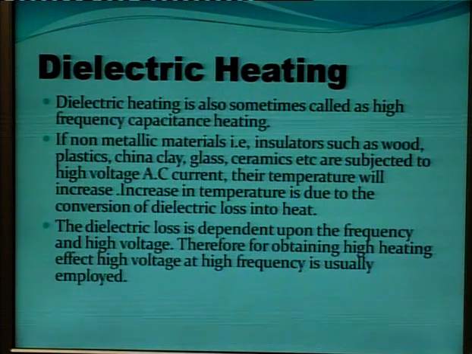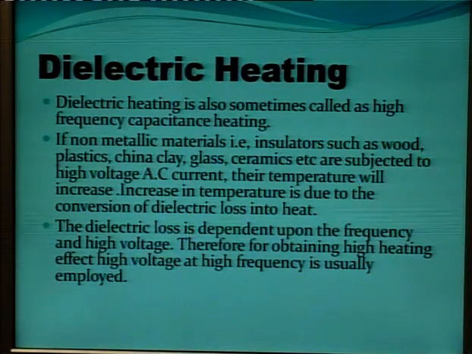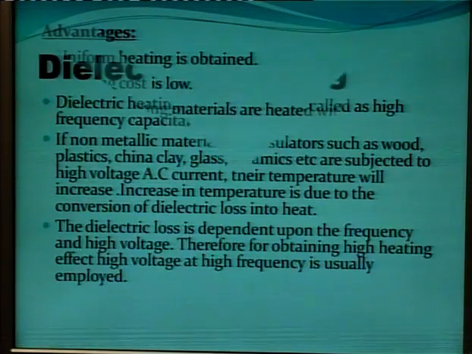Now the increase in temperature is due to the conversion of dielectric loss into heat. Now the dielectric loss is dependent upon the frequency and high voltage. Therefore, for obtaining a high heating effect, high voltage at high frequency is usually used.